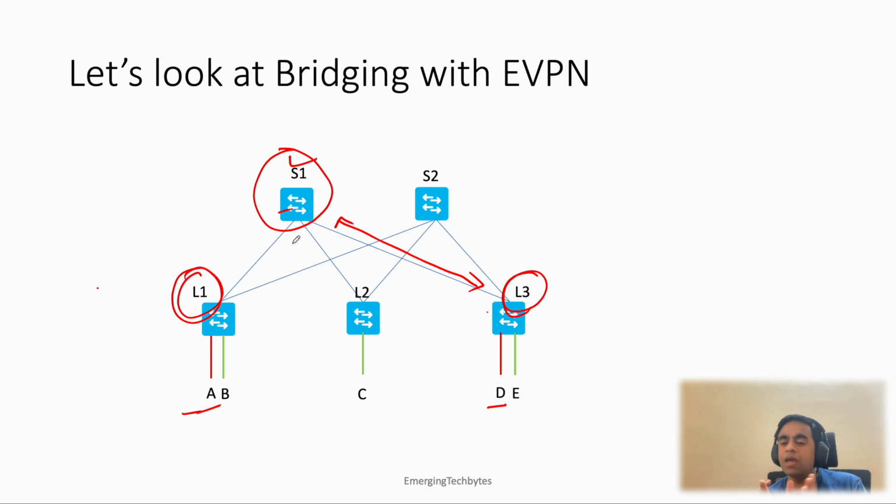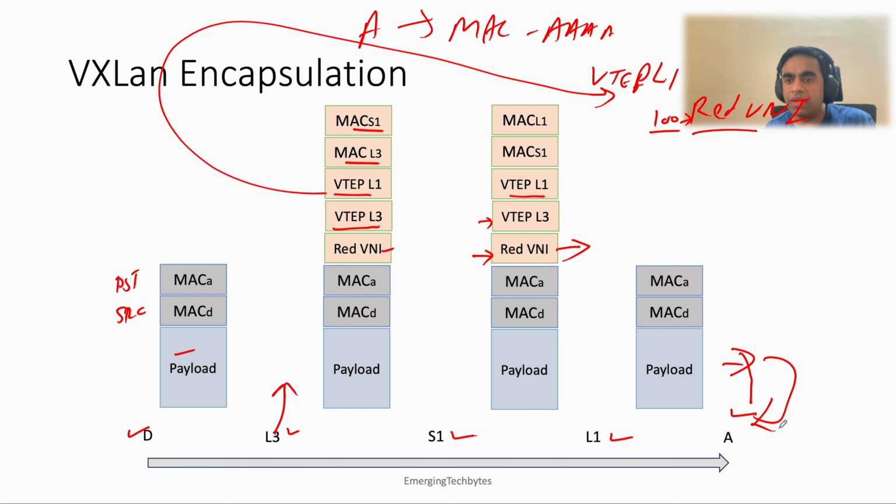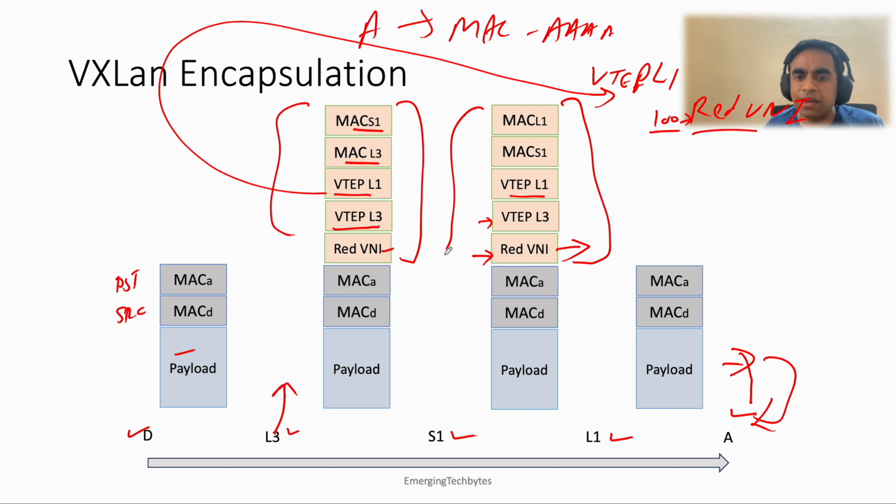Now when the packet reaches L1, L1 will decapsulate it and put it into the red VNI, because of this field, right? And this is how the packet gets forwarded towards A. So this is the packet forwarding, and all this that you see here in this different color is the VXLAN encapsulation.